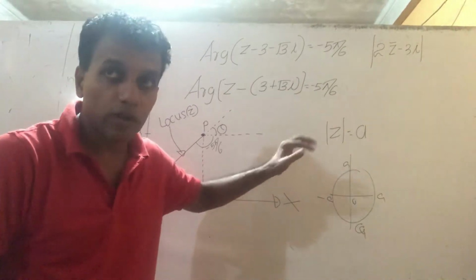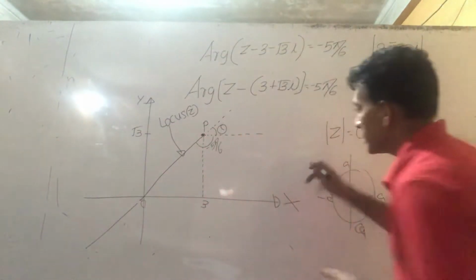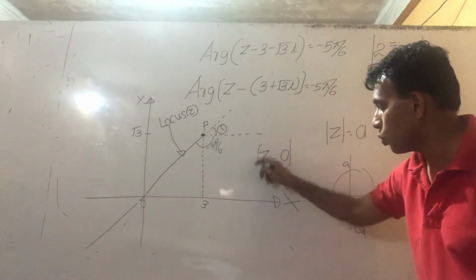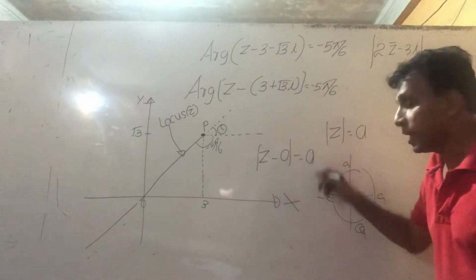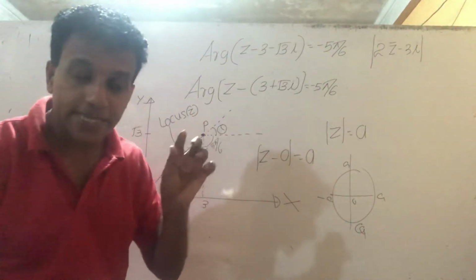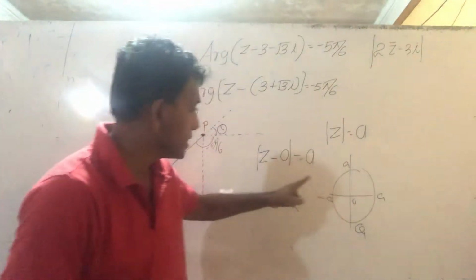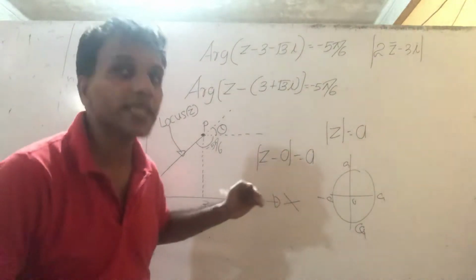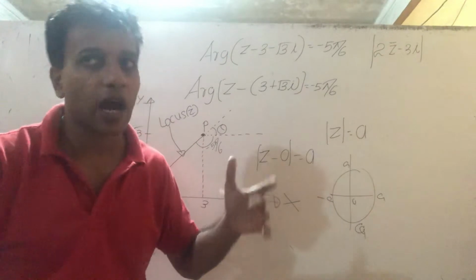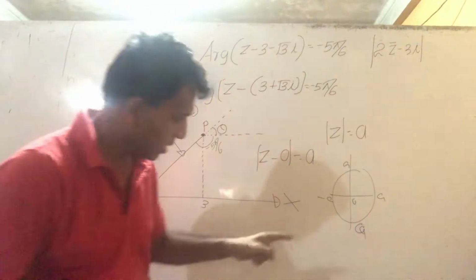I can modify this as mod of z minus 0 equals a. As I told earlier, mod z means distance from the origin. So such a question comes: what are the smallest and the highest answers of the distance?